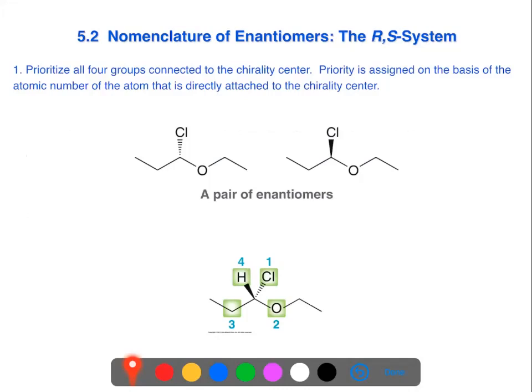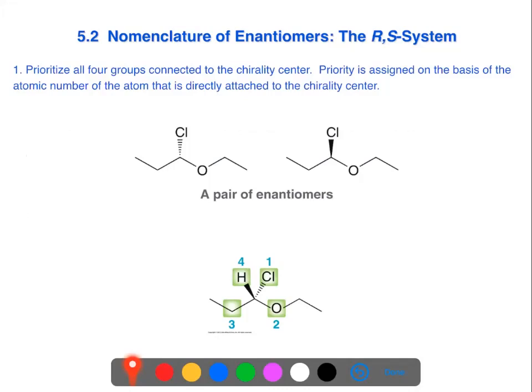So in the first part of our process, we need to prioritize all four groups connected to a chirality center. That would also imply that we've identified a chirality center in an organic structure. And as I said, the priority is assigned on the basis of the atomic number of the atom that is directly attached to the chirality center.